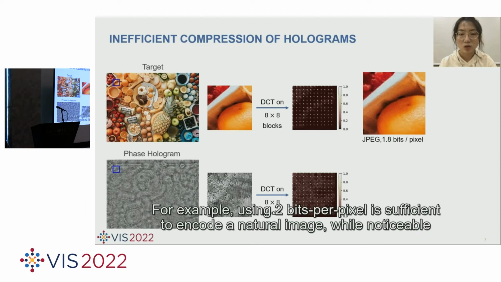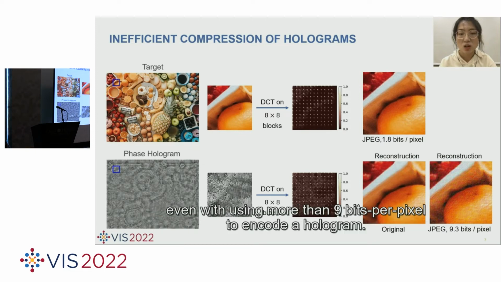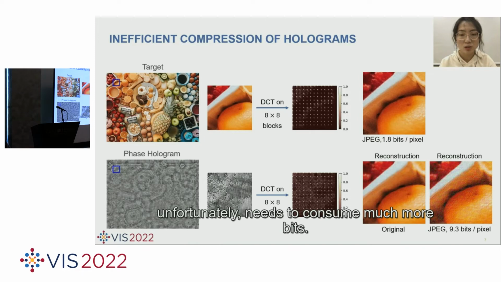For example, using 2 bits per pixel is sufficient to encode a natural image, while noticeable artifacts can be seen within the reconstructed image, even when using more than 9 bits per pixel to encode a hologram. Thus, to guarantee the reconstruction quality for holograms, current compression codecs unfortunately need to consume many more bits.